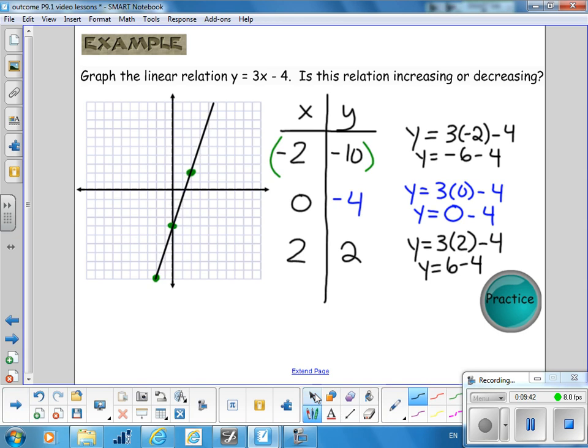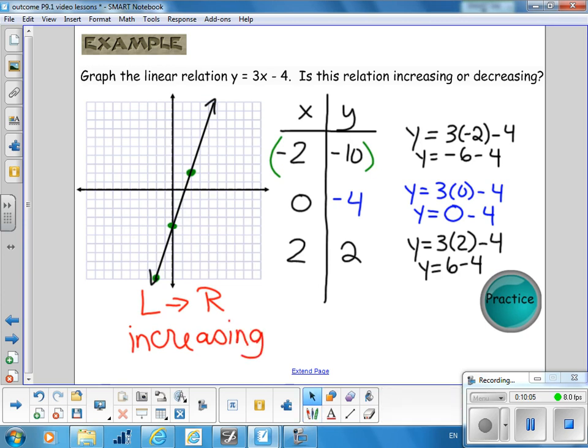And we can put arrows on the ends. So now, as we move from left to right, you see that it is increasing, it's going up, it's rising. So we call this an increasing relation.